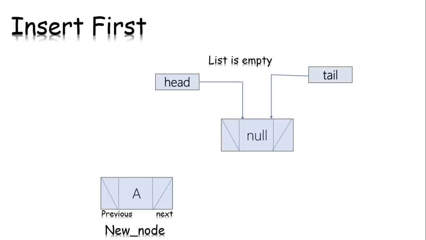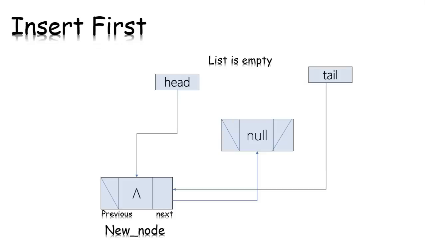Adjust the next pointer of the new node to point to the node pointed by the head, then adjust the head pointer to point to the new node, and then adjust the tail pointer to point to the new node. So the linked list now will look like this.